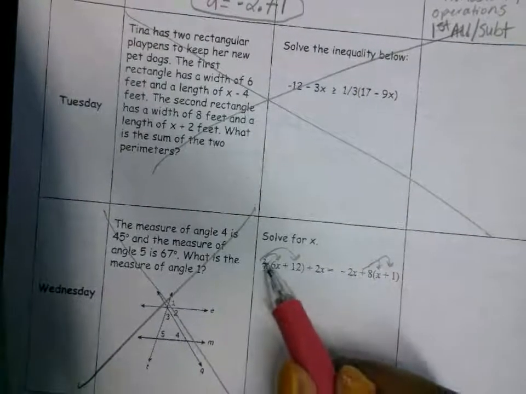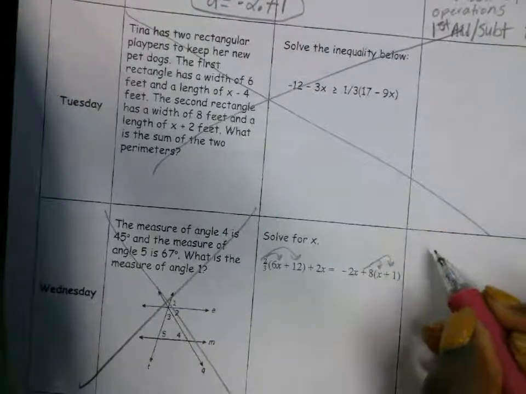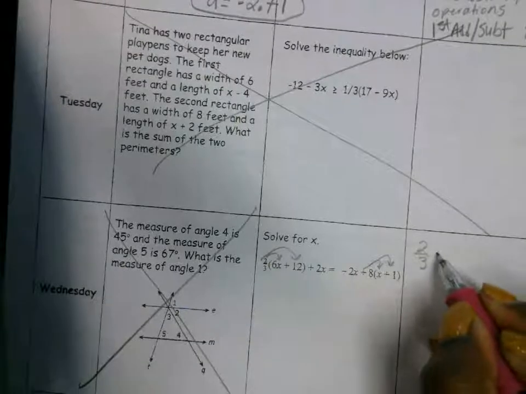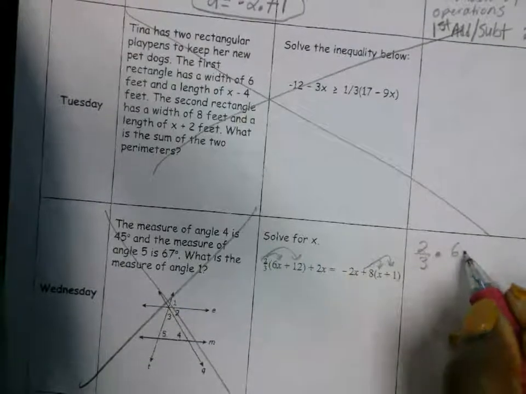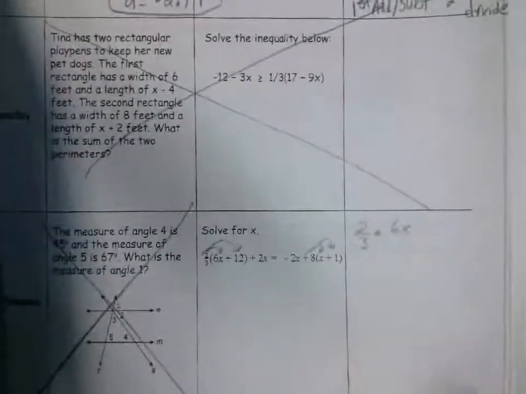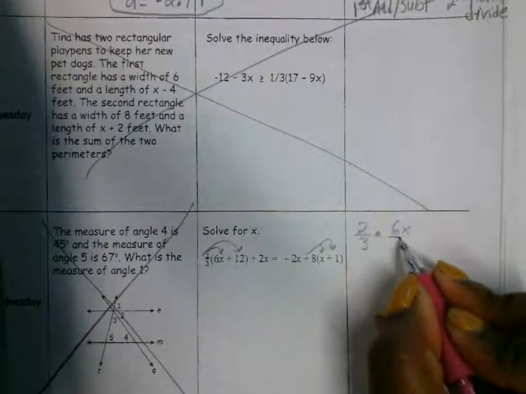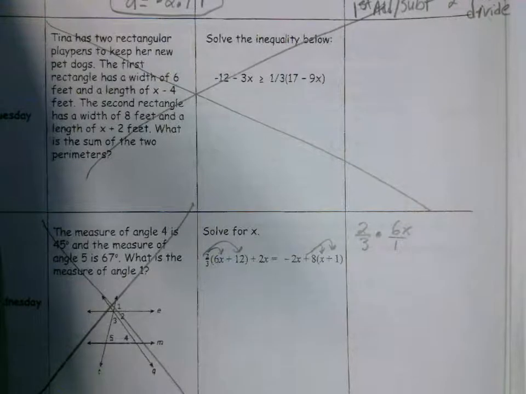All right, so let's multiply 2/3 times the 6x. I'm going to do that to the side. We have 2/3 times 6x. To multiply a fraction times a whole number, you make the whole number into a fraction by putting a 1 under it.